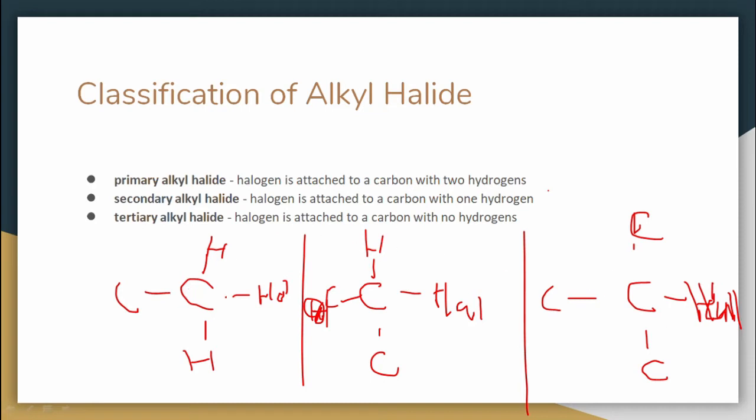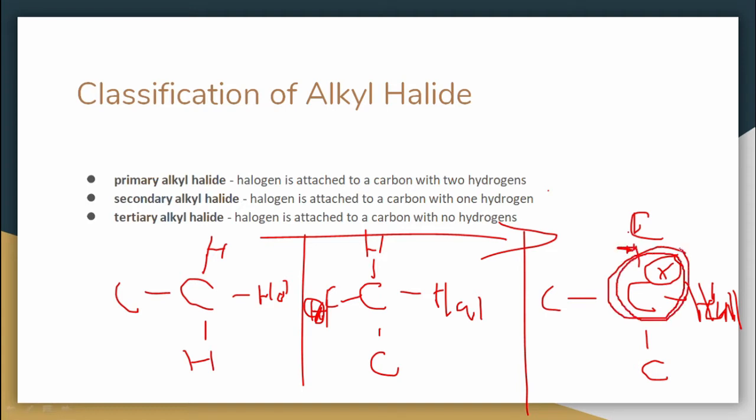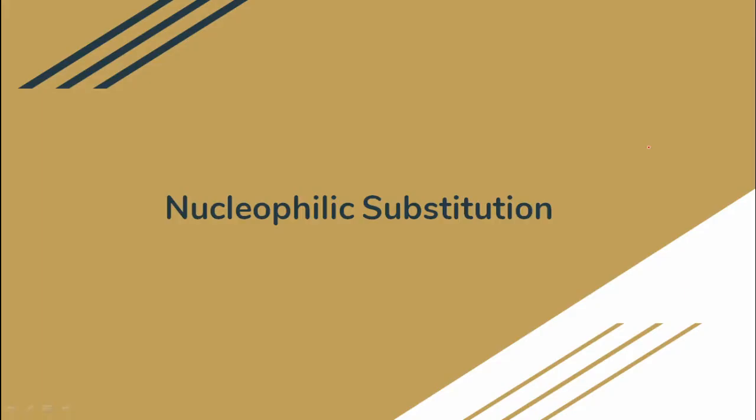Because the more carbon that connects with the alkyl halide, the more stable it will become, because when it becomes a carbocation, the other carbons stabilize the middle carbon.